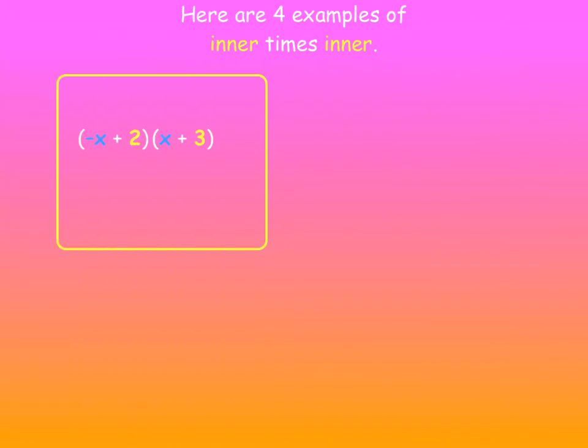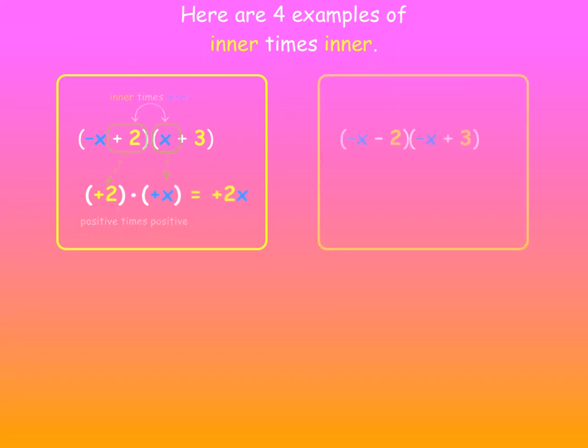Here are 4 examples of inner times inner. Positive 2 times positive x, plus 2x. Another example, inner times inner, negative 2 times negative x, positive, plus 2x.